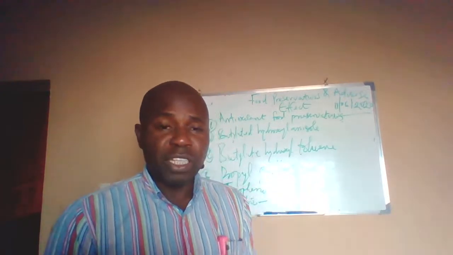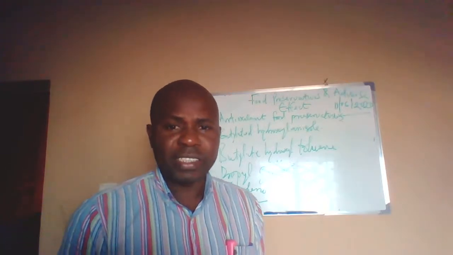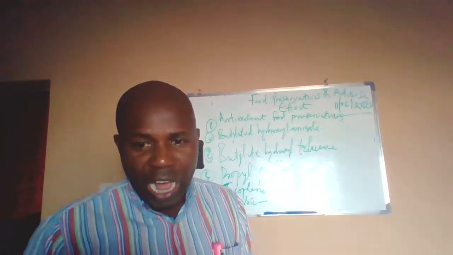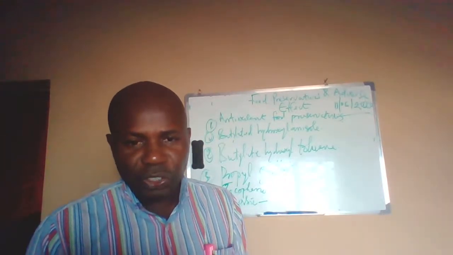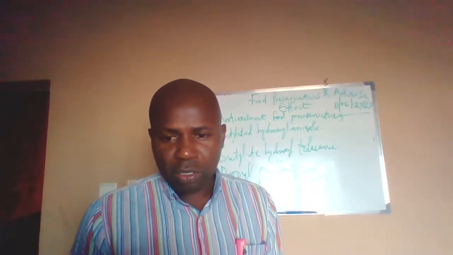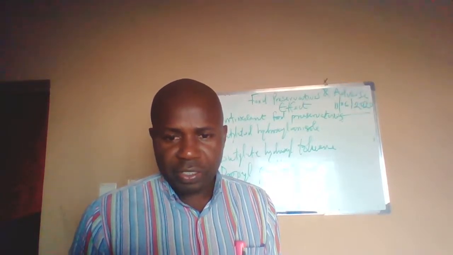Whenever you see them on the food container, it points to the fact that they are functioning as additives to give that food a long half-life and preserve it so that it doesn't get destroyed or spoiled as quickly. Those are the major functions of these food additives.